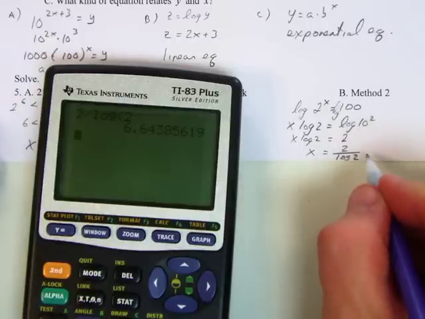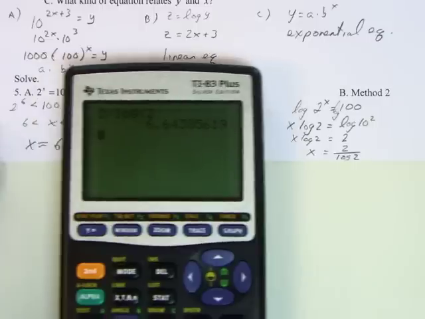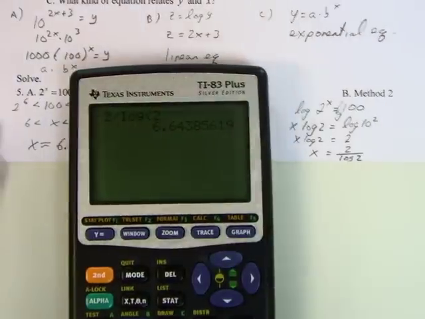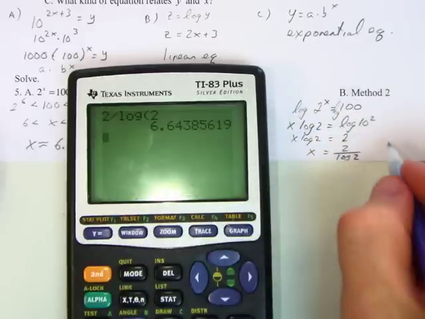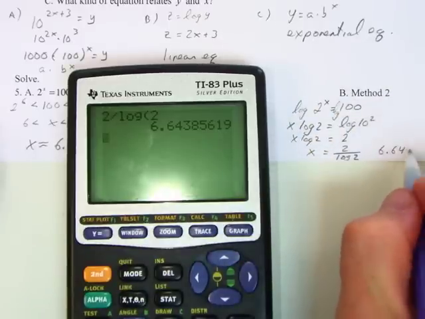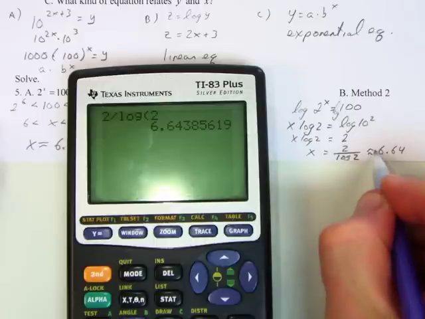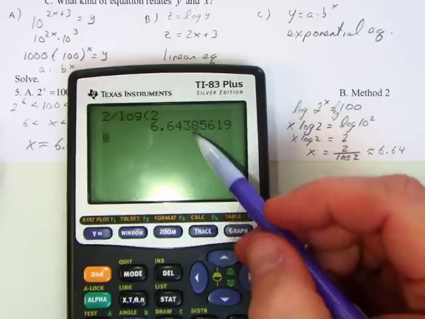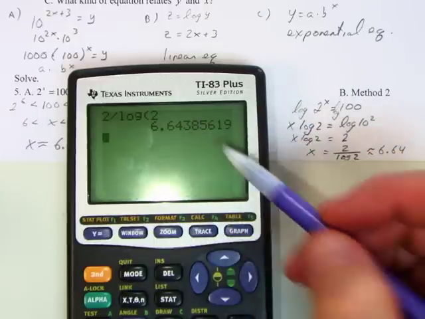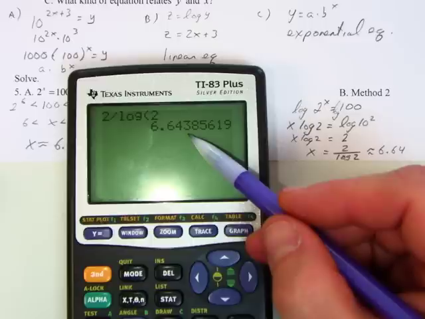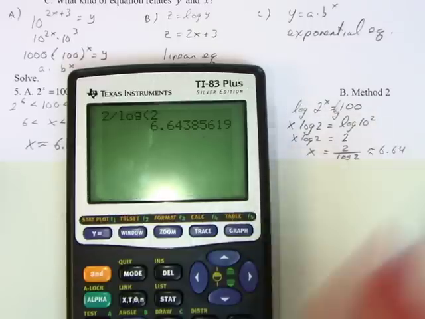So this 2 over log 2 is an exact answer, and our approximate answer would be 6.64, and then the decimals continue. So that 6.64 was a pretty good guess. And that is it.